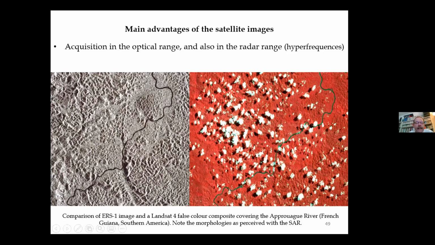So it's clear that the radar is interesting because it is not influenced by the clouds, but it is also more interesting because radar is more sensitive to morphological differences. You can see that this feature, more or less linear feature, is very interesting because it corresponds to an important fault in the field.